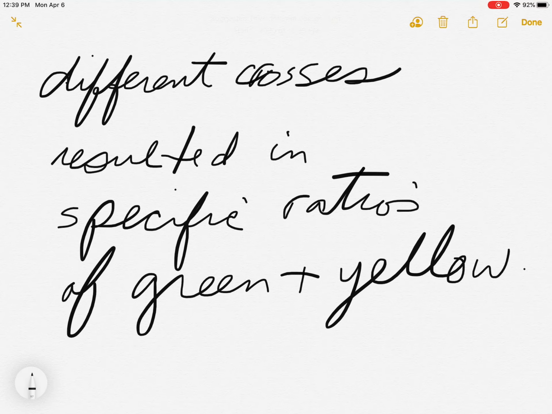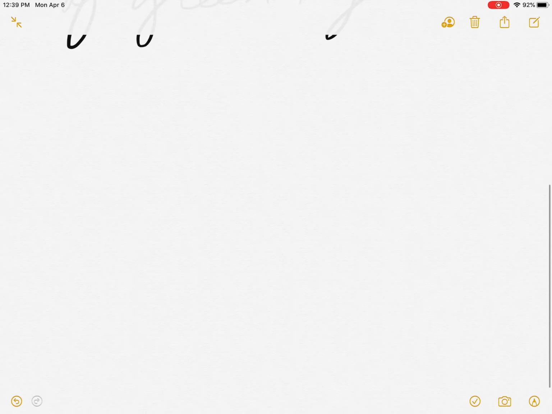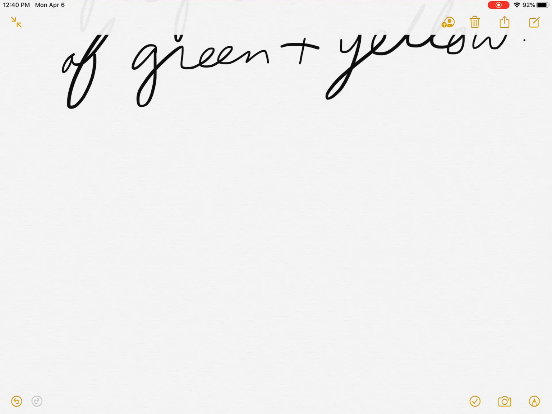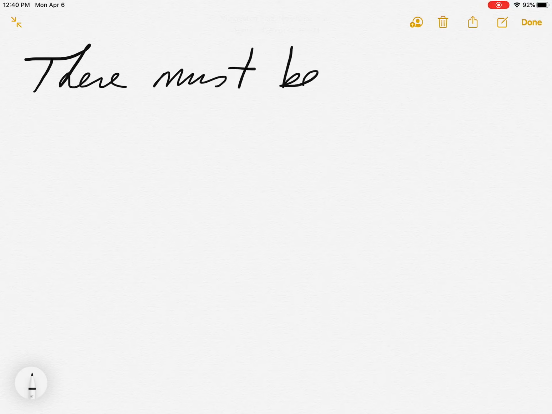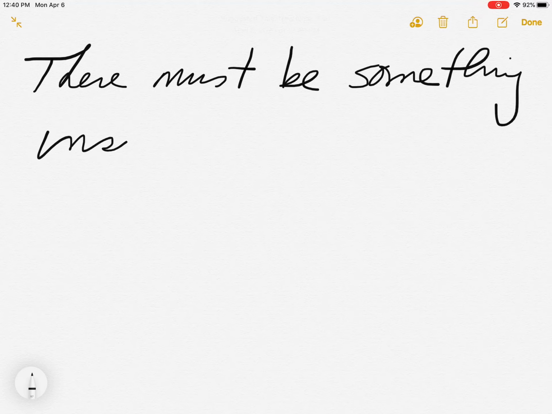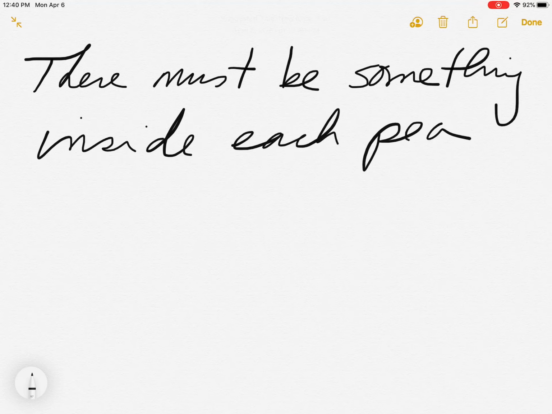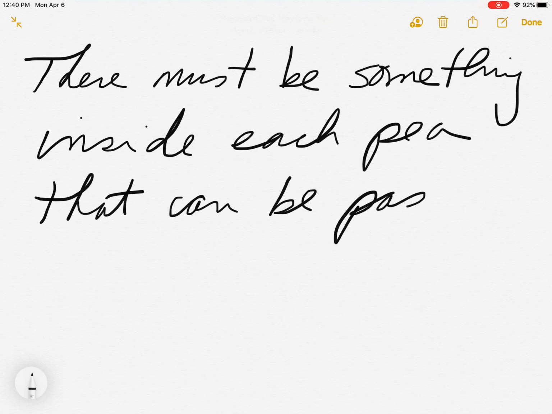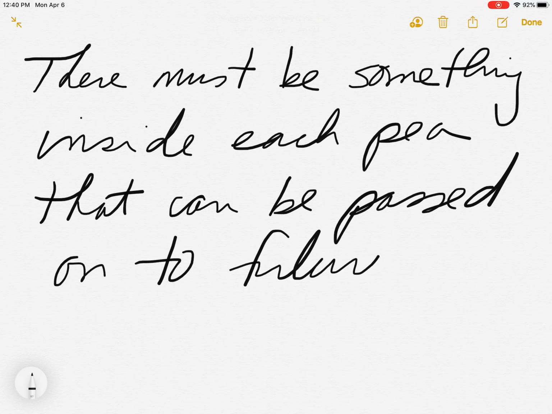Okay? So he decided to coin a term. He said that there must be something inside each pea plant that can be passed on to future generations.